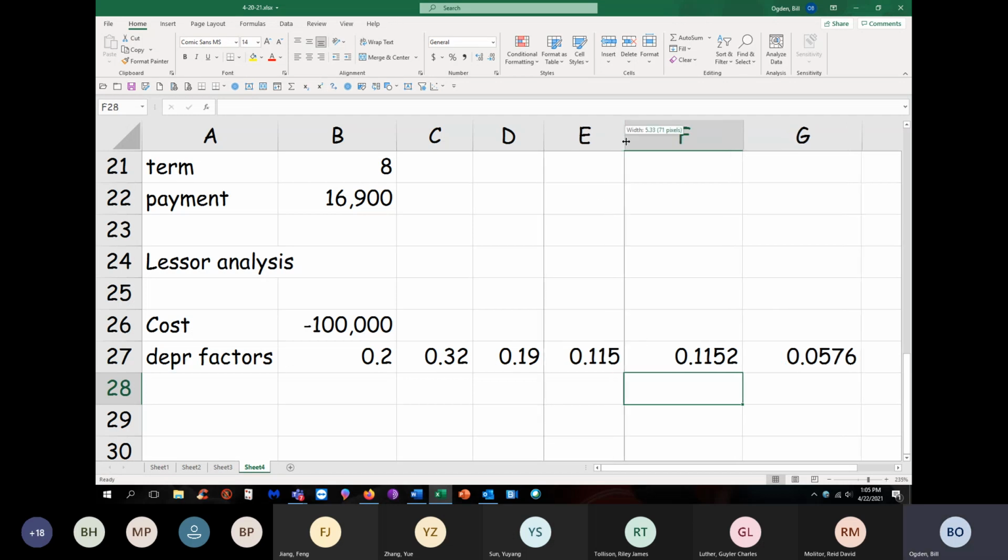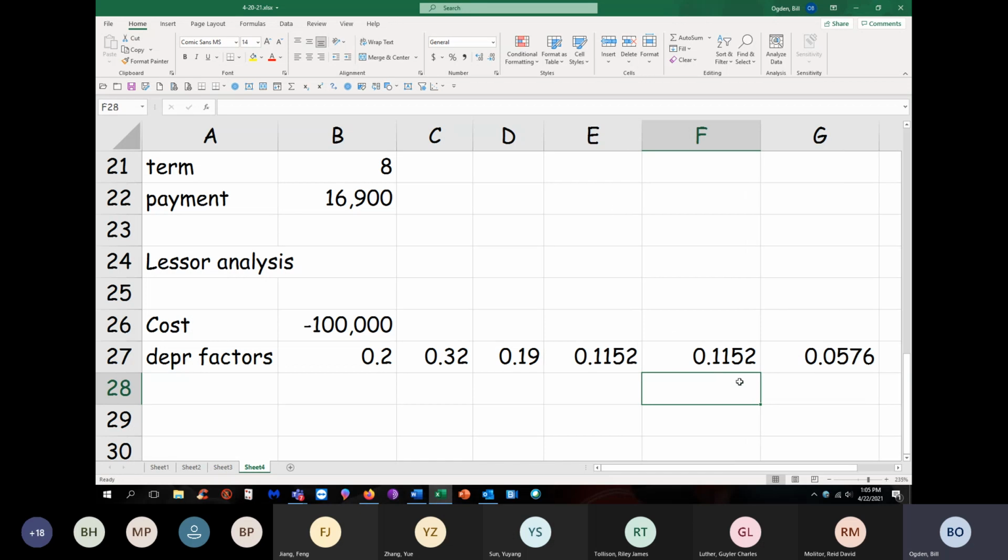So I have no need to understand the process. I just need to know the factors. But I do recall the last one was half, because it stays accelerated to the point where straight line offers a larger tax write-off than the accelerated, and then it's just back to straight line. It seems to me the last one's always half of the second to the last. I don't know, but anyway, that's for accountants. They know how they do this. Good for them.